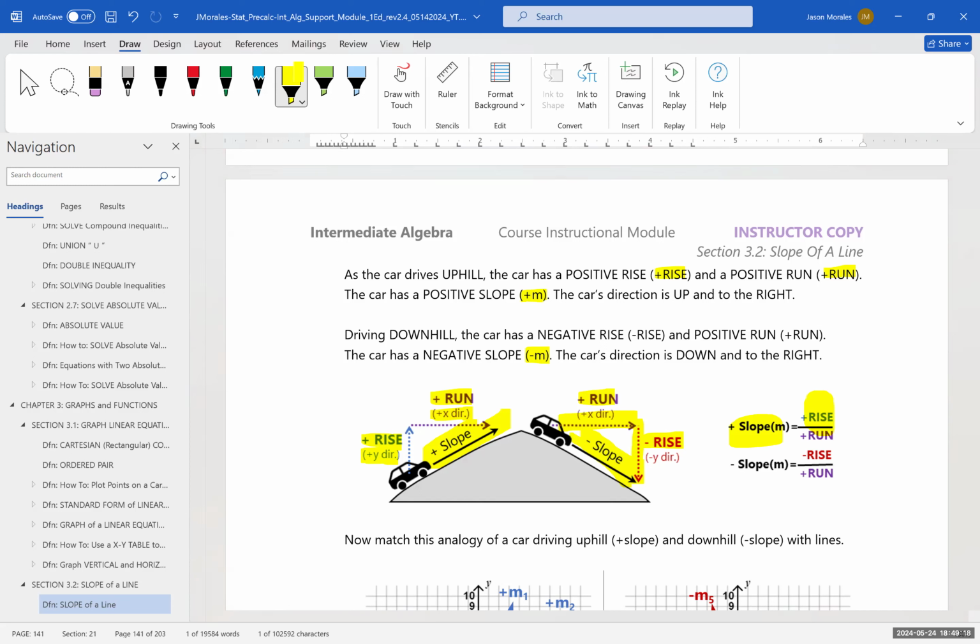And when we have a negative rise with a positive run, a negative and a positive produces a negative.